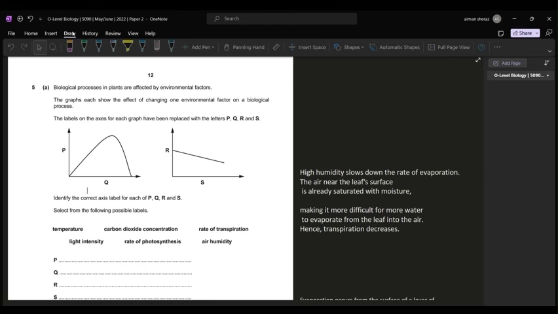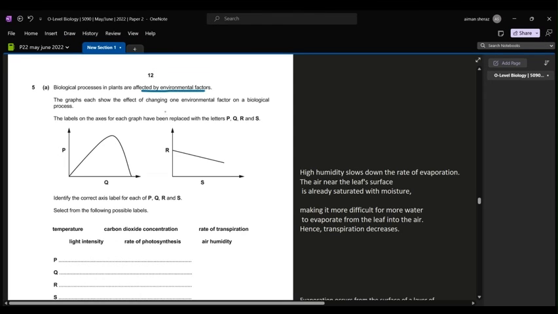Question 5, part A. Biological processes in plants are affected by environmental factors. These graphs show the effect of changing one environmental factor on a biological process. The labels on the axis for each graph have been replaced with the letters P, Q, R, and S. Identify the correct axis label for each of P, Q, R, and S. Select from the following possible labels.